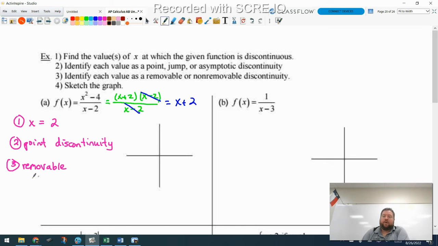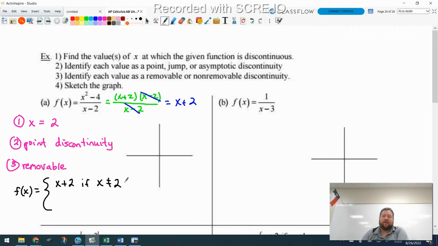So since it's removable, we are going to redefine the function. F of x is equal to x plus 2 if x is not equal to positive 2. So it's going to be equal to this reduced form everywhere except for this one point.